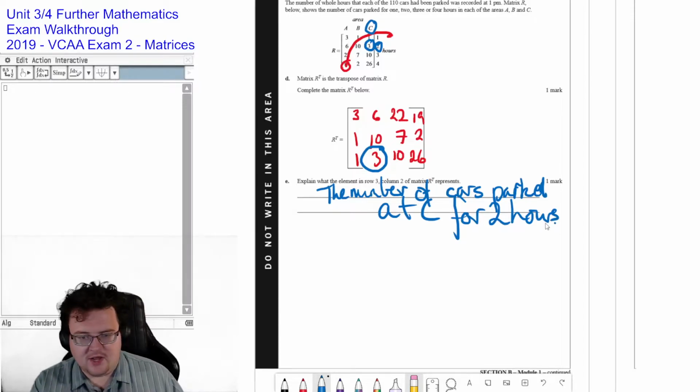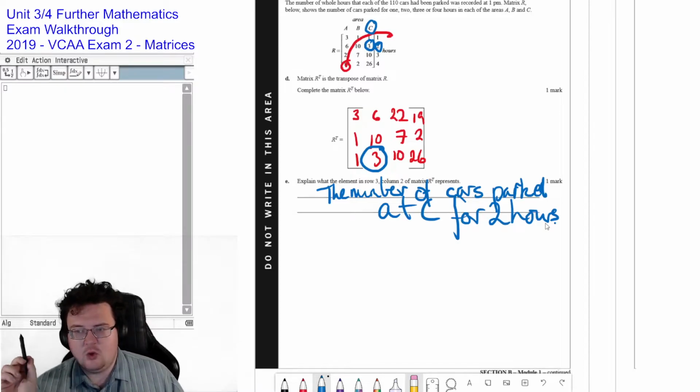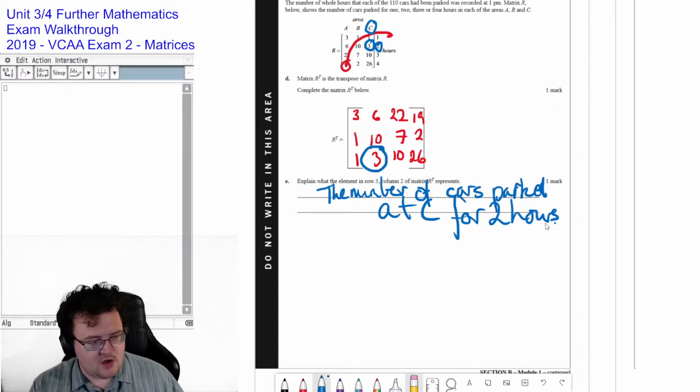Right? There's no other way to avoid it. It's not just, oh, it's 3. It's in the context of the information that you're given, what does that 3 represent? Well, you've got the area and the number of hours. Write a sentence that includes that information.